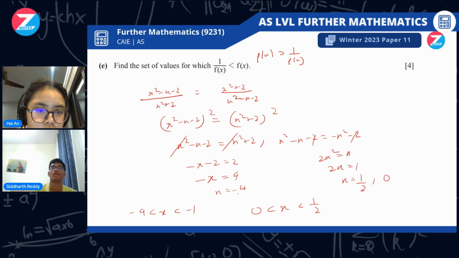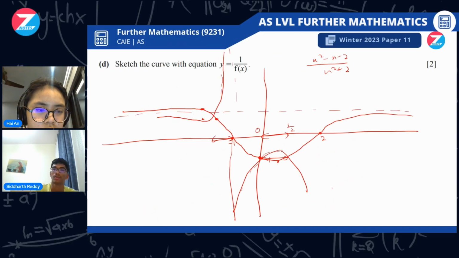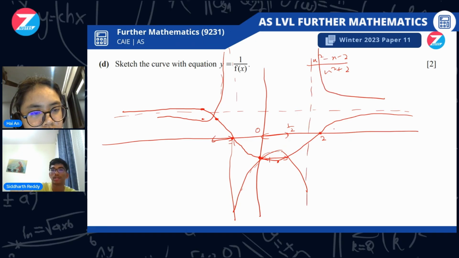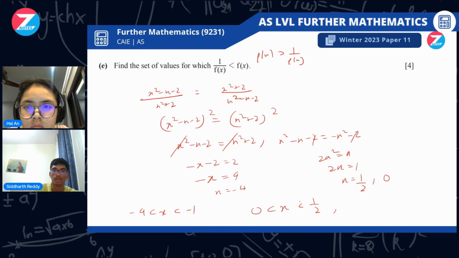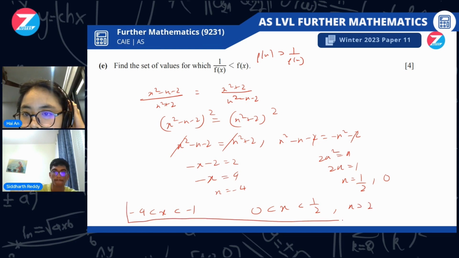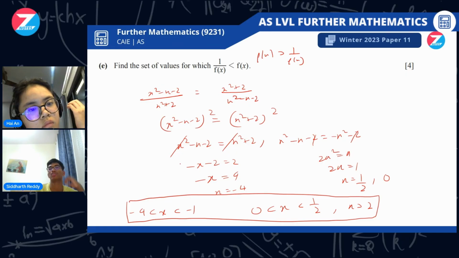And also, for this horizontal asymptote, f of x was over here, and it was definitely greater than, so at the vertical asymptote x is equal to 2, x is greater than 2. I'd recommend you to have a plot of both these graphs on Desmos to visualize how they come about.